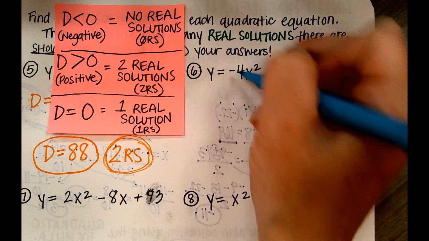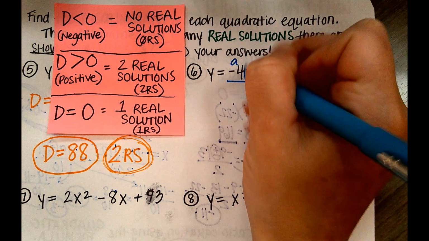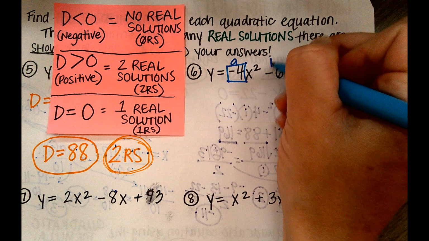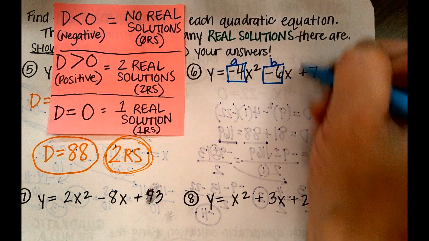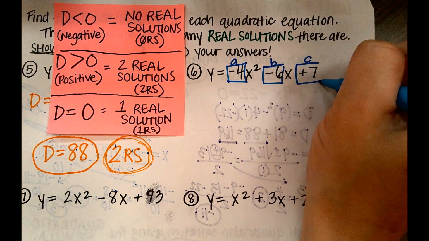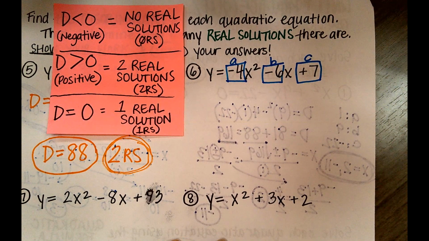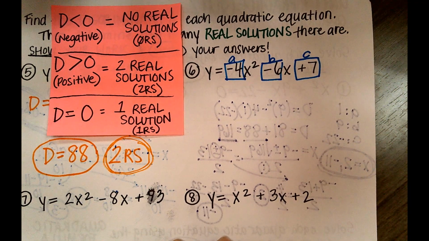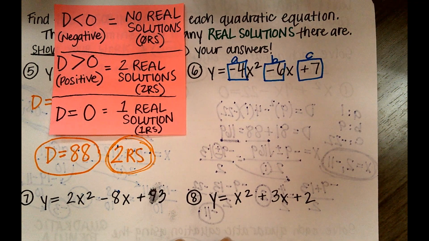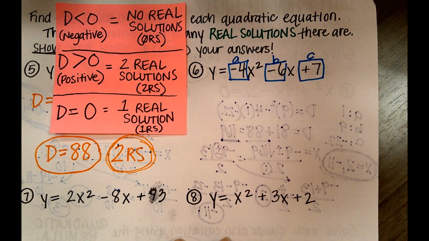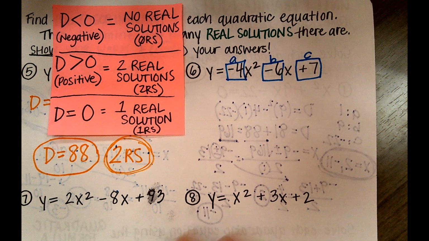My A, -4. My B, -6. My C, 7. Raise your hand if you want to walk me through number 6. Since I'm done. All right, Titania, go ahead.